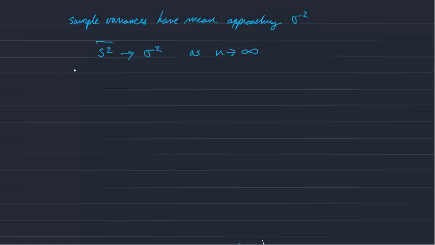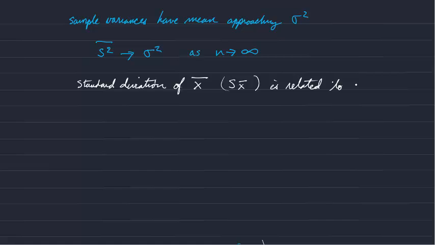Yet another property is that the standard deviation of X bar, going back to the sample mean, and we'll write that as Sx bar, is related to the population standard deviation by Sx bar is equal to the population standard deviation divided by the square root of the sample size.